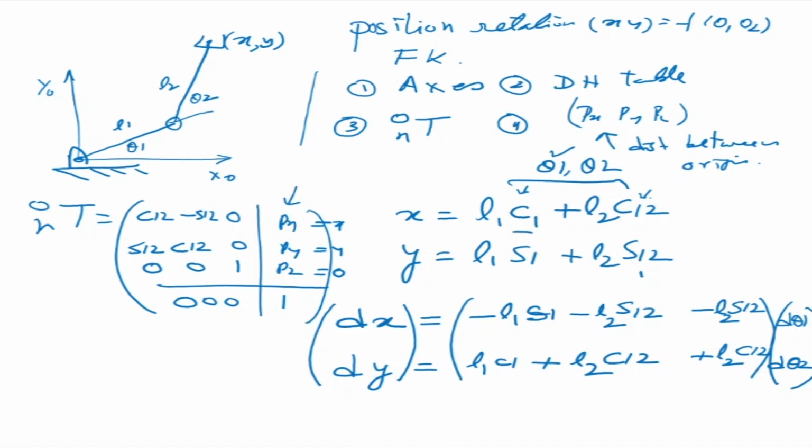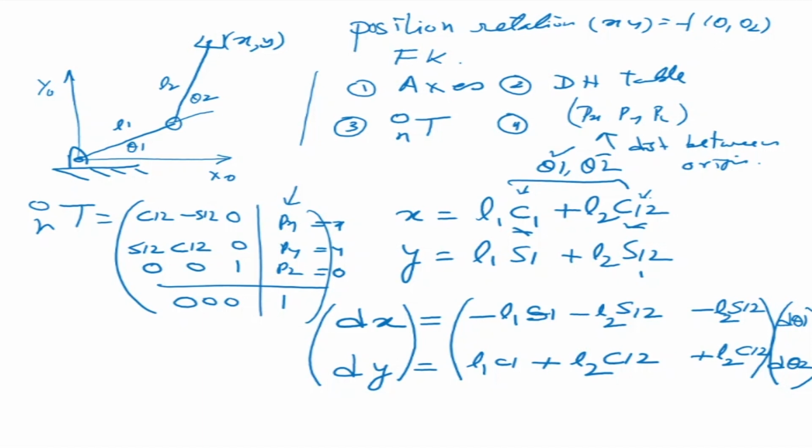I had minus sine 1 here, and then again here, because there is a theta 1 there, it has become minus sine 12. Then I took the derivative with respect to theta 2. This one does not have theta 2, this only has theta 2, so it becomes minus sine 12.